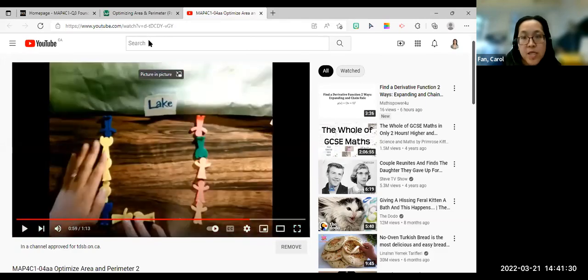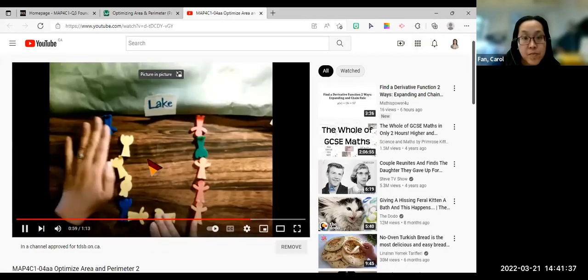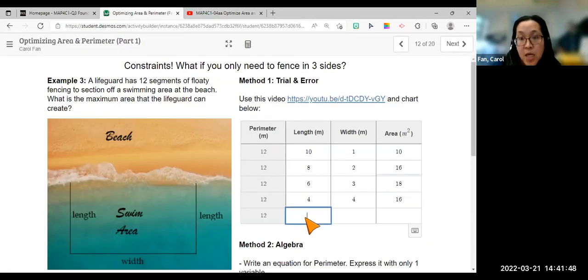This is 16. Okay, 2 and 5, it's perimeter of 12, but it'll be 10.